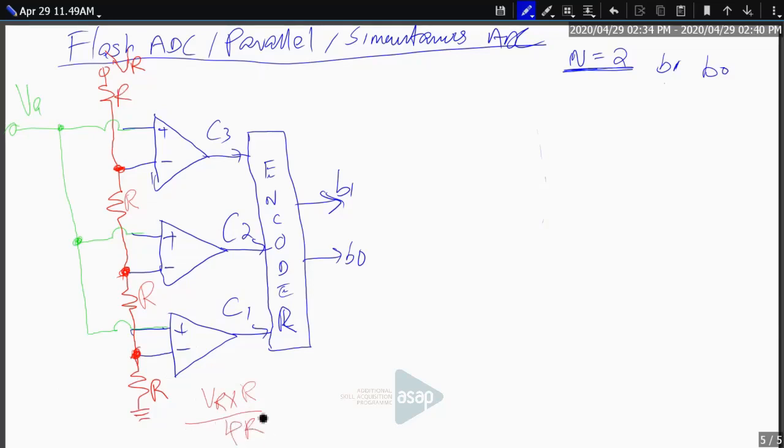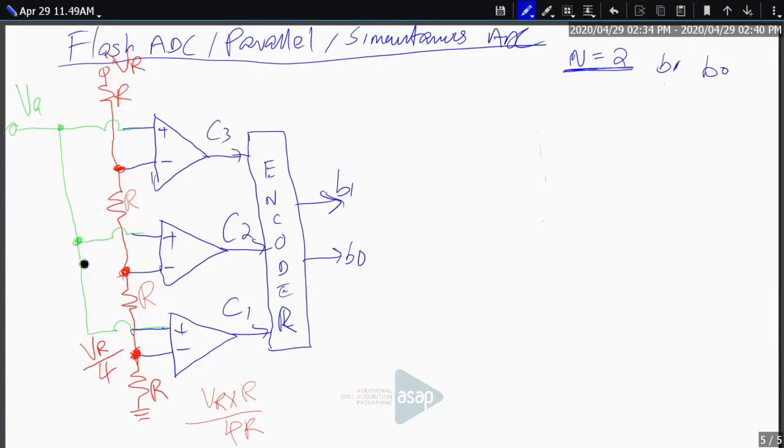Now, at the output of this comparator network there are three outputs, C1, C2, C3, but basically our requirement is to have a final output B0, B1, two outputs. This network, which will help our C3, C2, C1 combination become a B1, B0 combination, is generally called an encoder, the principle of which we will also discuss. Encoder.